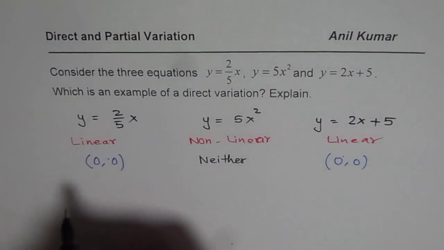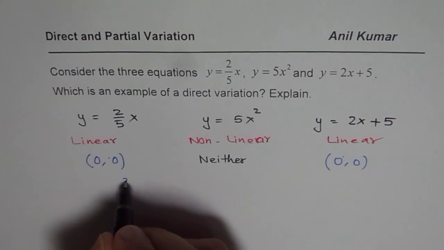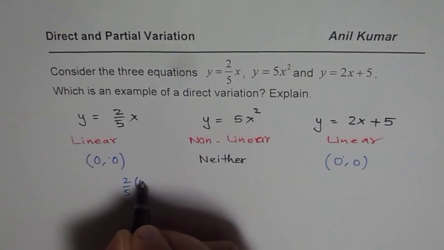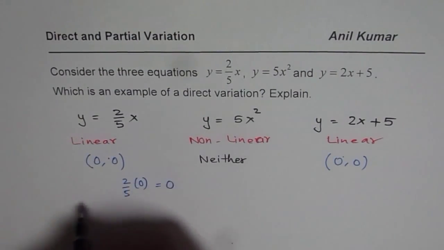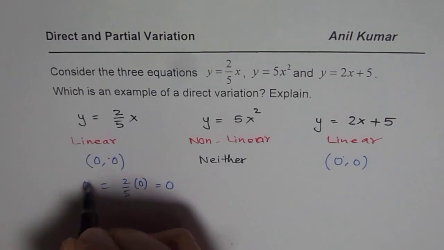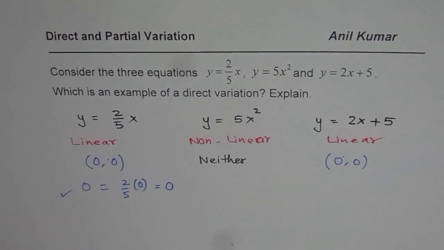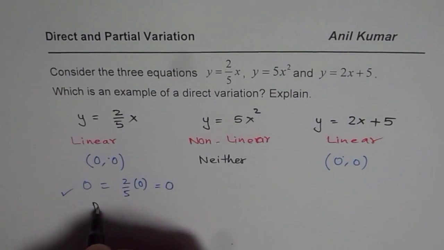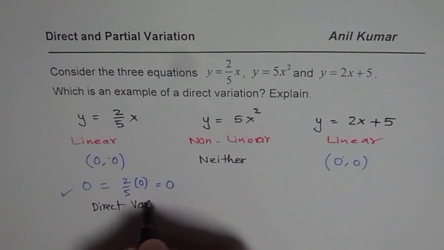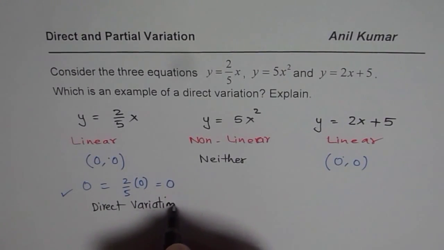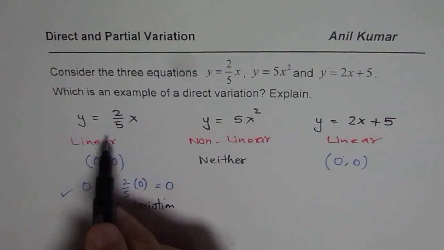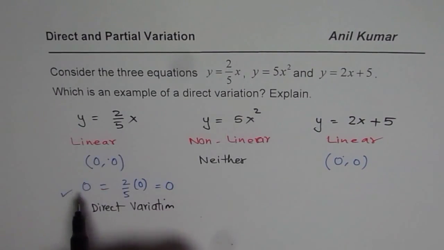So if I put 0 here, then what do I get? 2/5 times 0 is indeed equal to 0. So (0, 0) is perfectly fine. If that is satisfied, then we can write down our answer that this is direct variation, since the point (0, 0) is on the straight line provided by the equation.